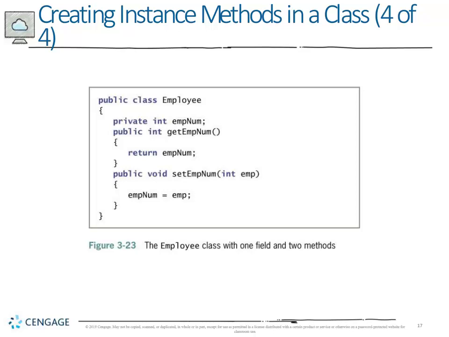It returns the employee number. The second method, the public void set employee number, is a mutator method. So we set the private data employee number. The private int employee number can only be accessed by the methods inside the class.